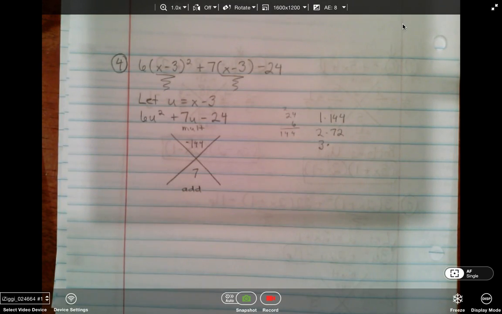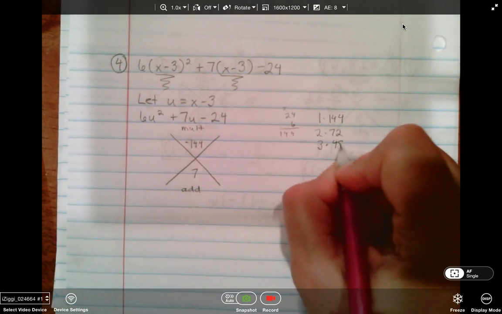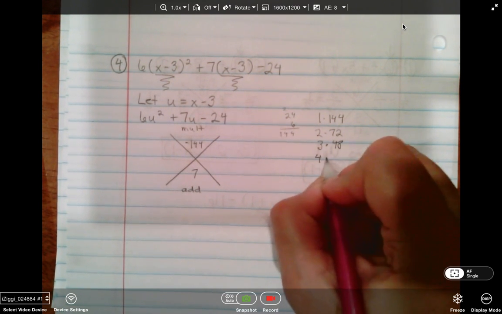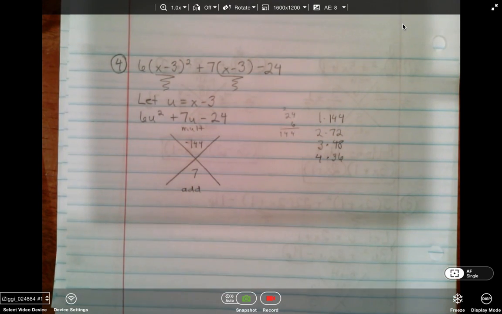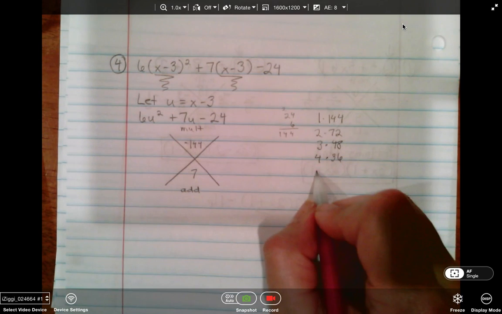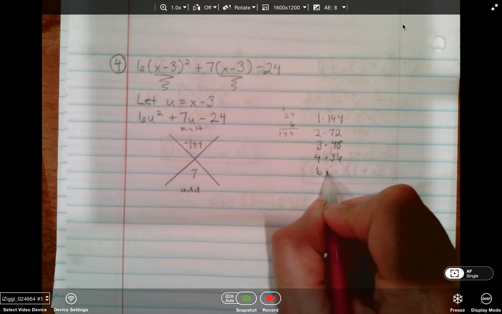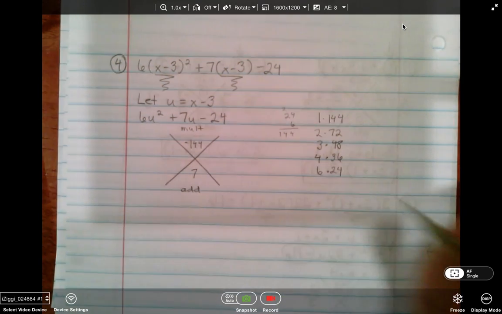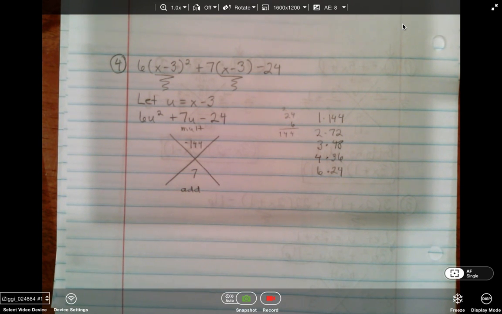I'm going to cheat. Let me get my phone. So 144 divided by 3 is 48. I knew that. So then that's going to be 4 and 36. 144 is not divisible by 5. It is divisible by 6. 6 and 24. It's not divisible by 7.